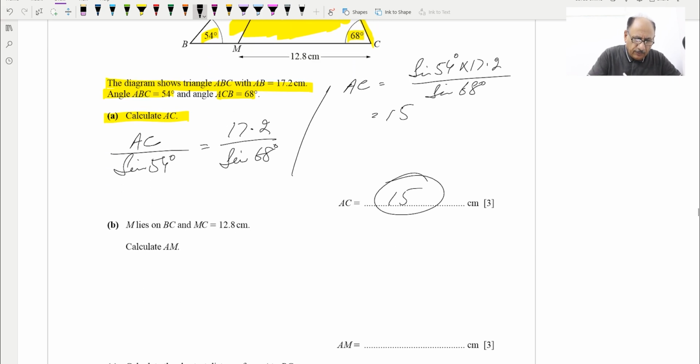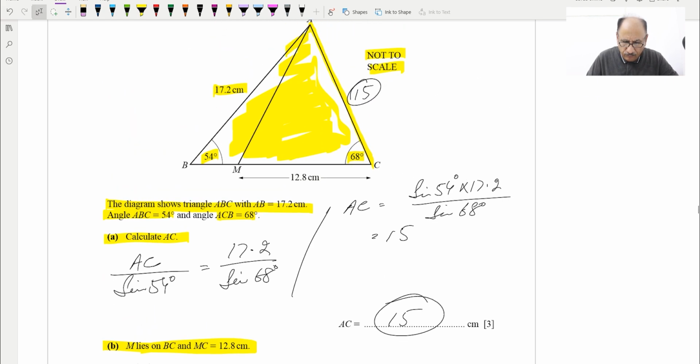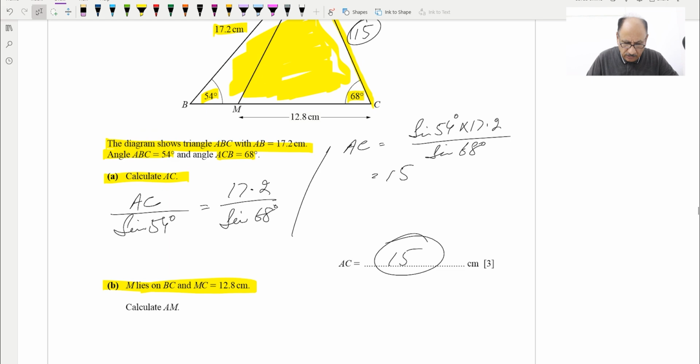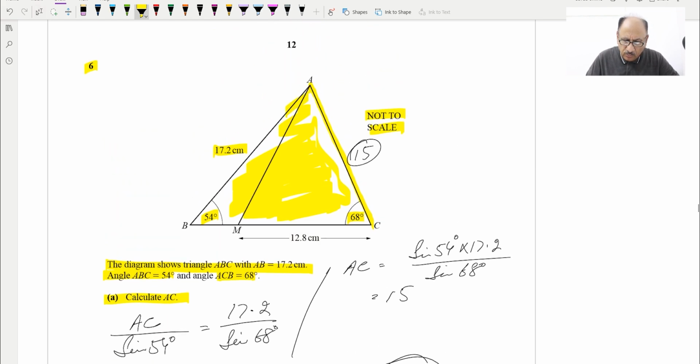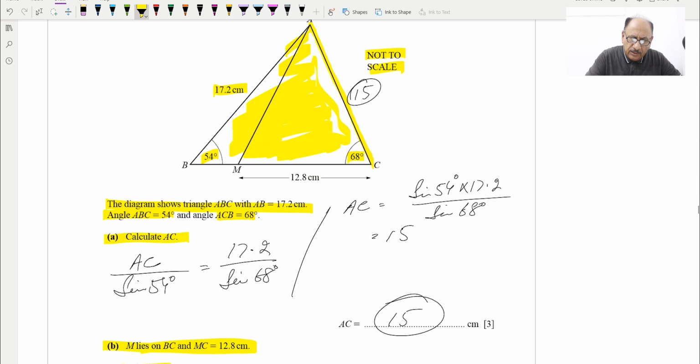Now for part B it says M lies on BC and MC is equal to 12.8. Okay, calculate AM. So AM is required. AM means what is required. So we'll check this one.